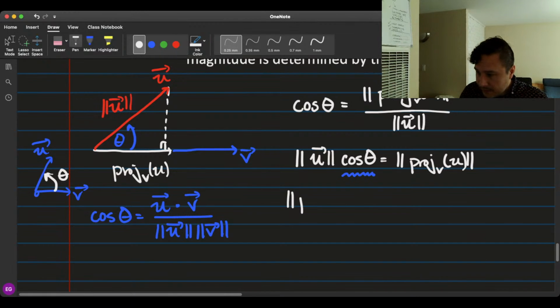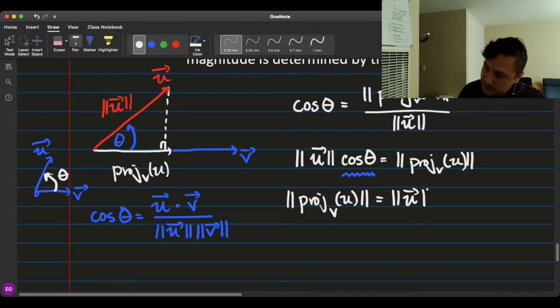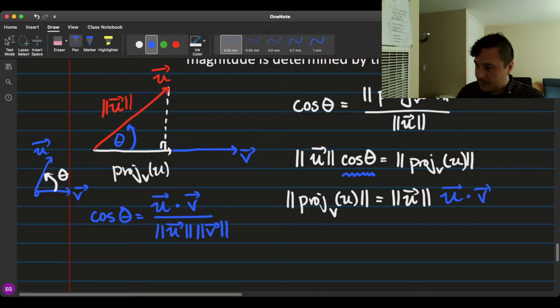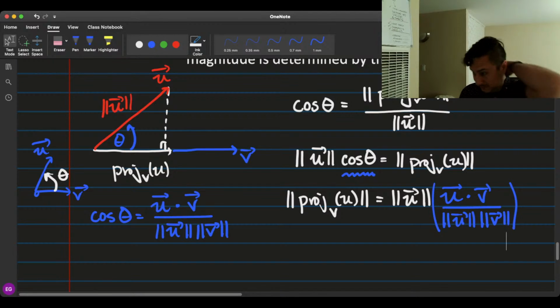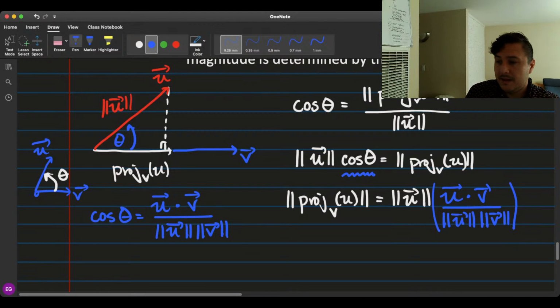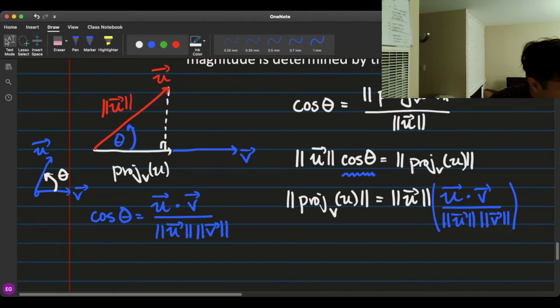The magnitude of the projection of u onto v is equal to the magnitude of u, and then I'm going to replace cosine theta with that thing over there, which is u dotted with v divided by magnitude u, magnitude v. So this is actually nice. I now know what the length of that base of the triangle is, only in terms of u and v.